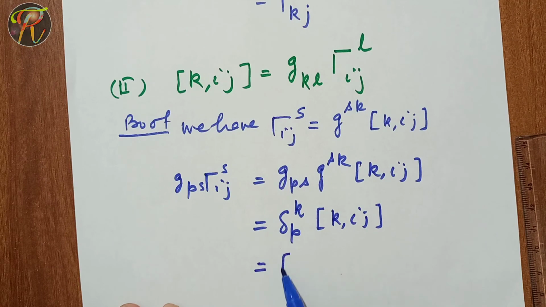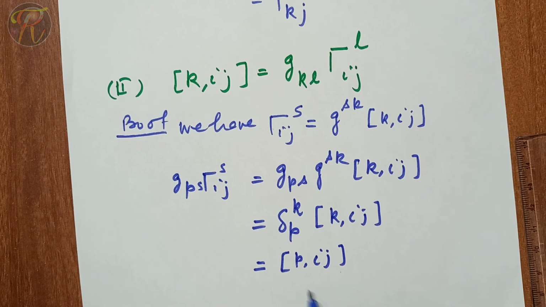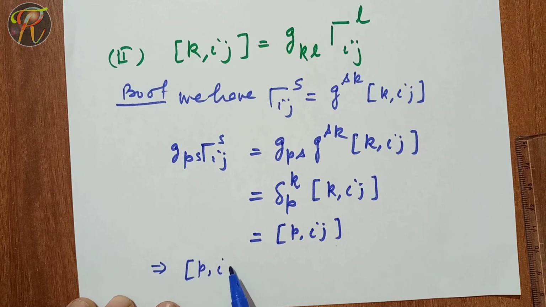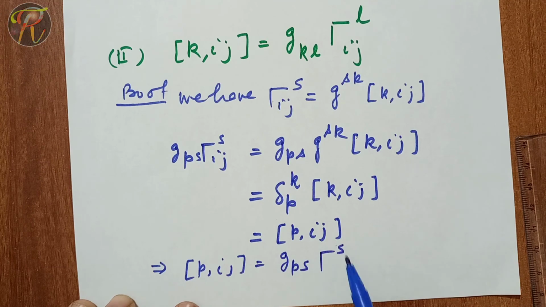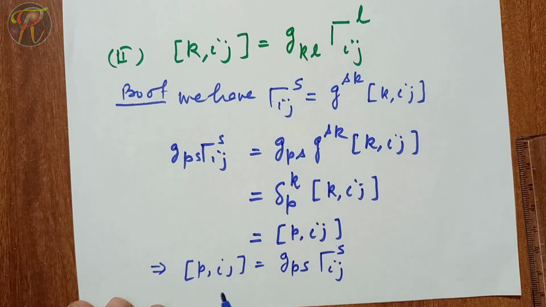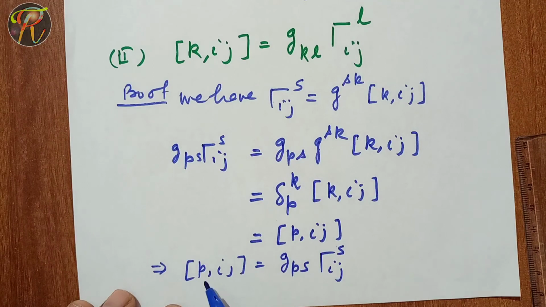So in place of k we put p, giving [pi,j]. So [pi,j] equals g_ps gamma^s_ij, with s contracted, which is the same as [ki,j] when we put p in place of k.